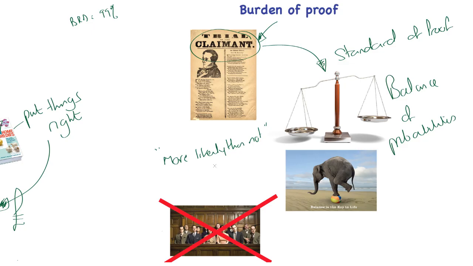And if you think about it, that's only 51%. 51 to 49 is on the balance of probabilities more likely than not. So there's a much lower standard of proof in civil cases than there is in criminal cases.